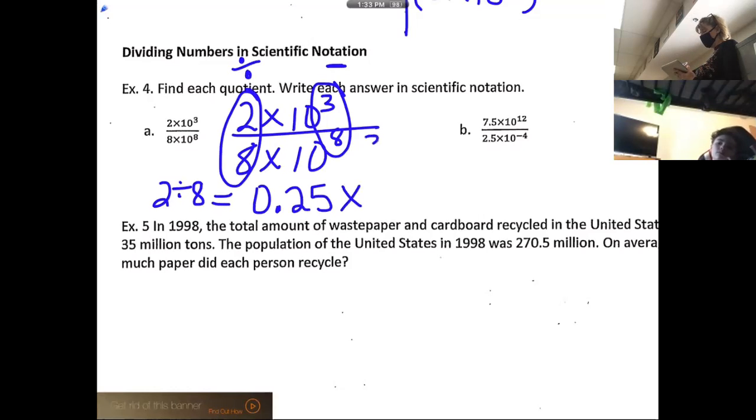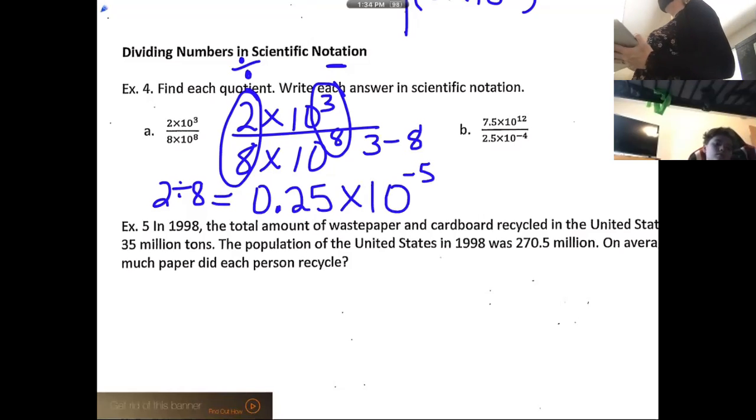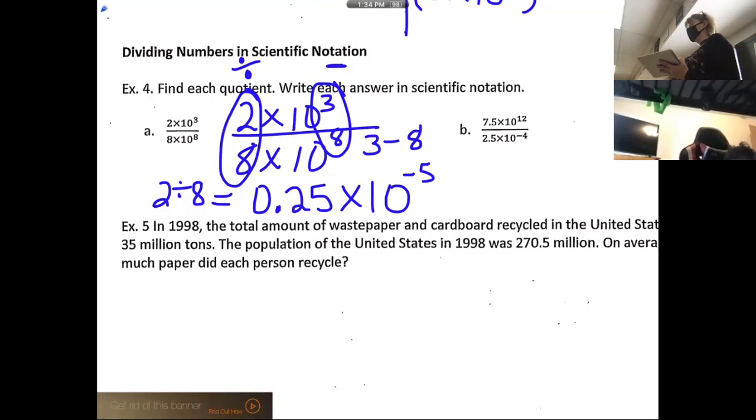What's 3 minus 8? Yes, -5. So we have 0.25 times 10 to the negative fifth. Is this in scientific notation? It is not, it's too small.